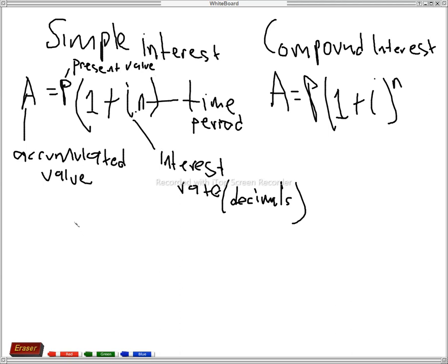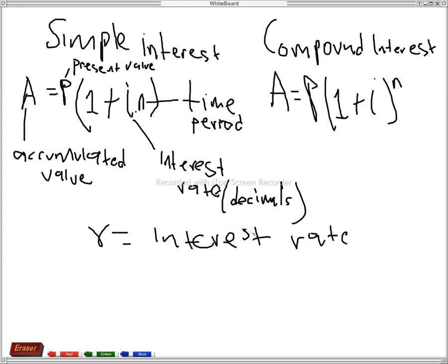We also have R, but R is not included in our formula. R is the interest rate as a percentage.